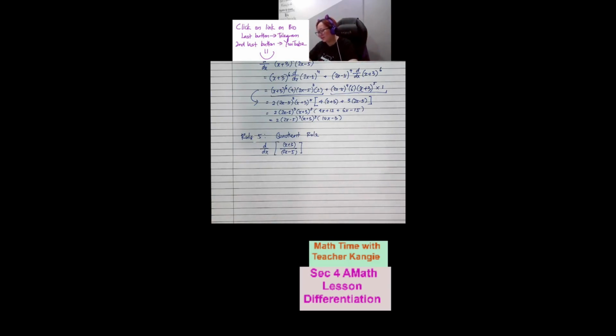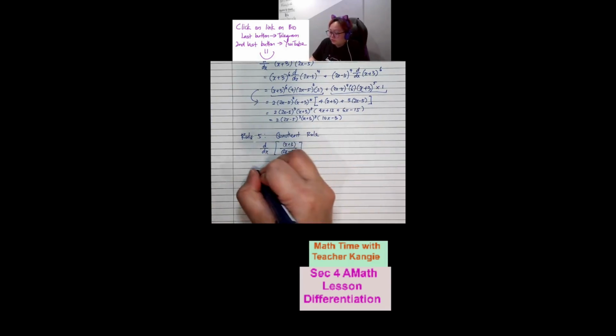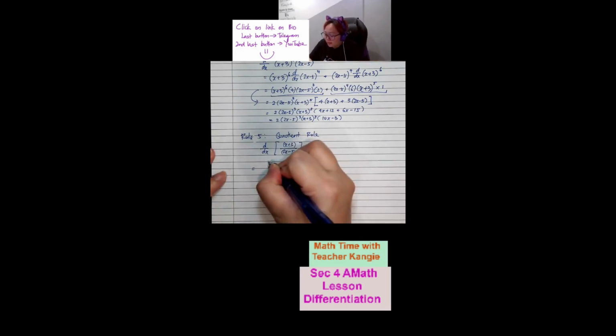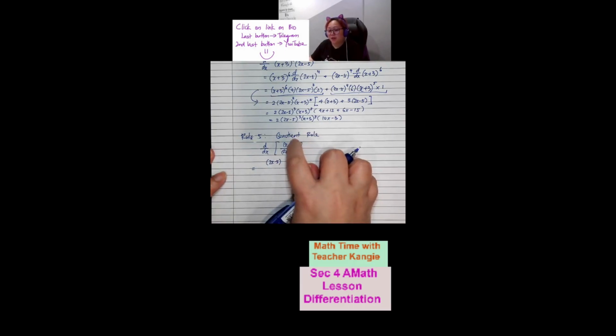Let's continue the work. Let me drink a sip of water, and then let's go back to learning the quotient rule. Okay, so the quotient rule is keep the bottom. I always tell my students, the bottom is more important. Keep the bottom first, and differentiate the top.